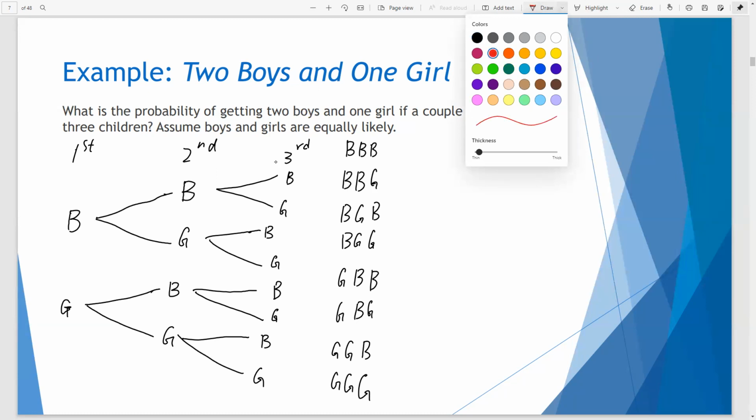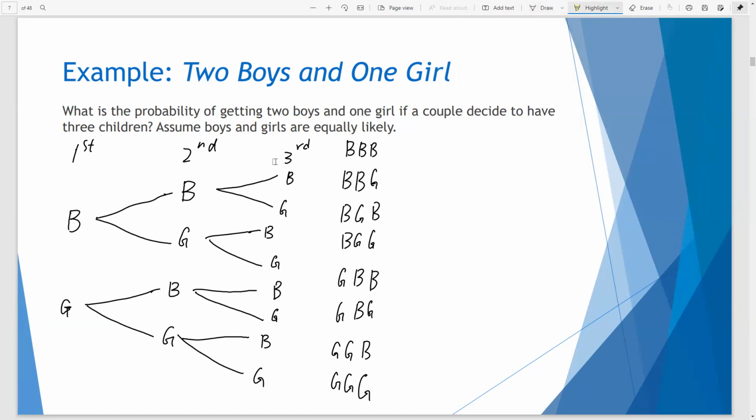And what we want is what? The probability we are seeking is 2 boys and 1 girl. The first and the third are boys and the second is a girl, or the first is a girl and the second and third are boys, right? Those are all the possible ways the event can occur.